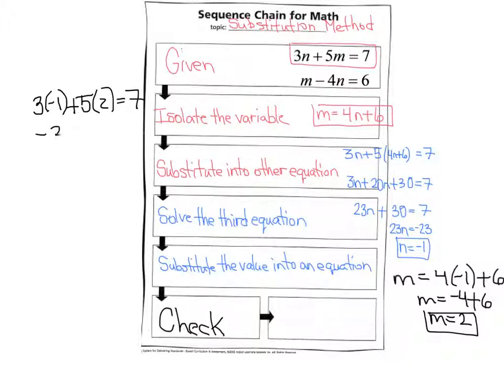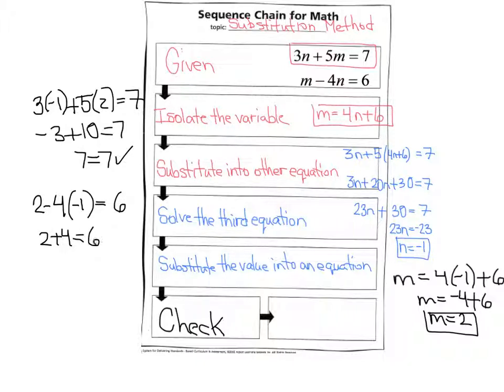So I get negative 3 plus 10, yes, 7 equals 7. Now we can't stop because we got to check the second equation. So m, which is 2, minus 4 times n, which is negative 1, is supposed to equal 6. 2 plus 4 equals 6. Yes, I am now done. Please don't stop.